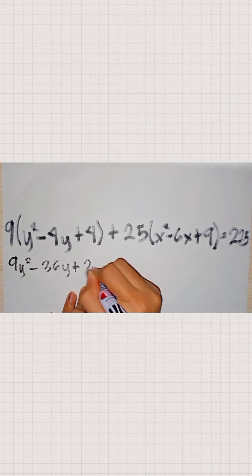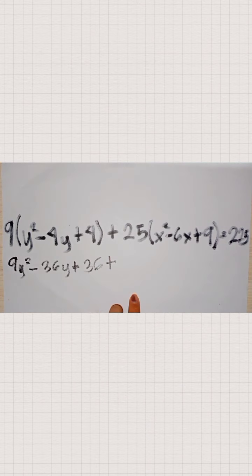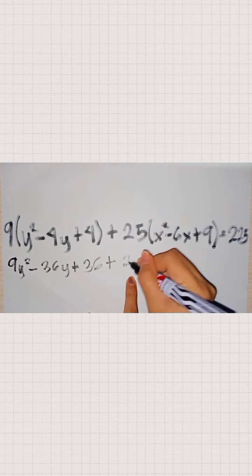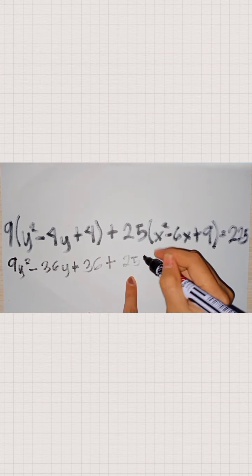Copy the sign. 25 times x squared magiging 25x squared.